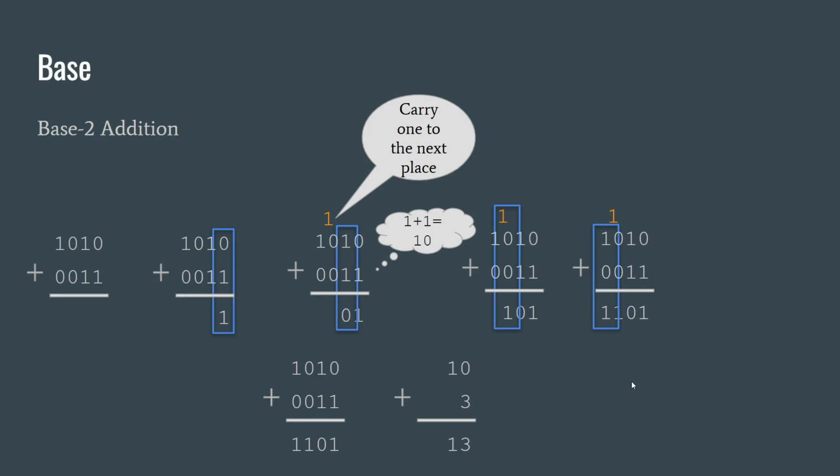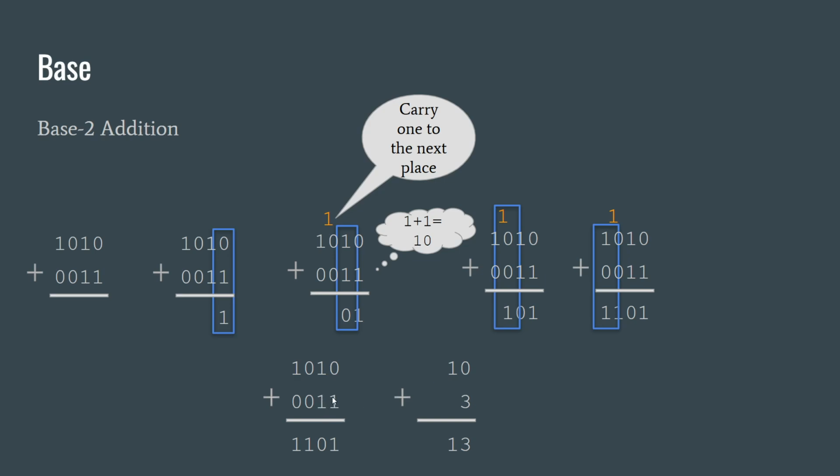And if we look at that in decimal, this top number is 10, this bottom number is 3, and the result is 13. So if you convert each of these manually like we did in the prior slides, this is the 8, the 4, the 2, the 1, so 8 and 2 equals 10 added together.